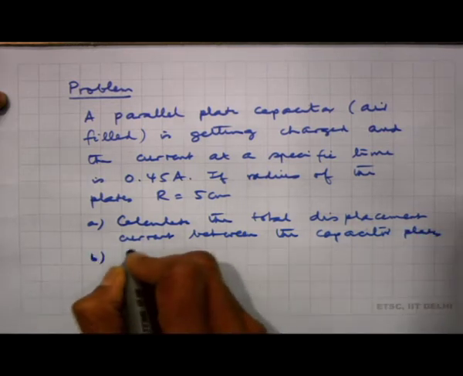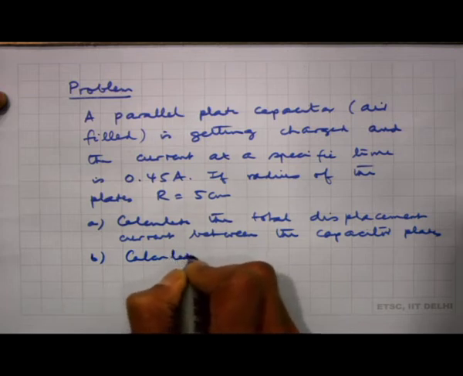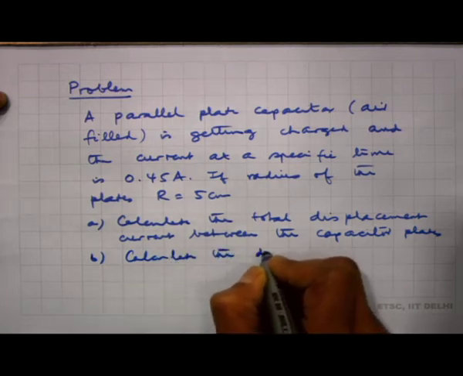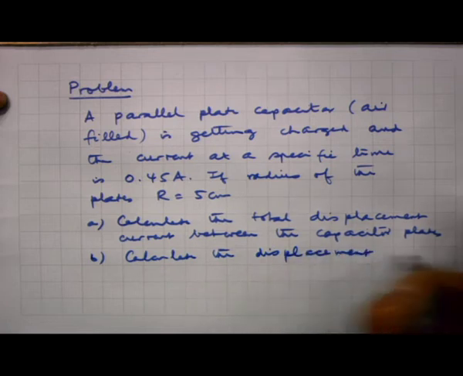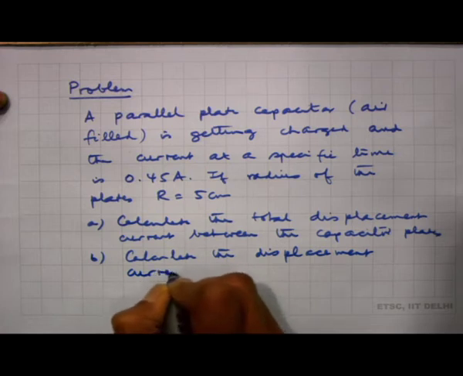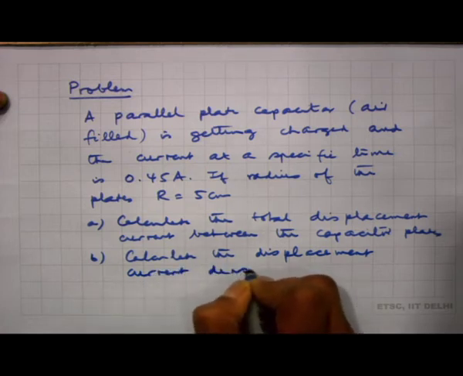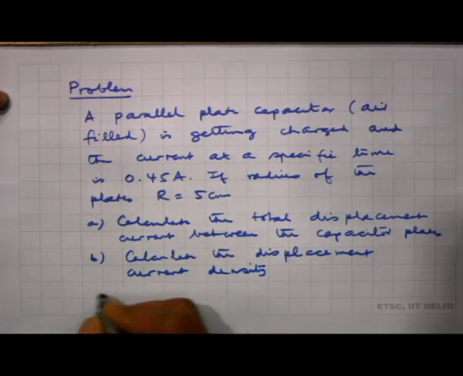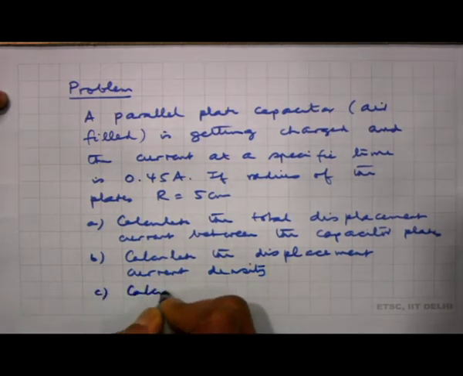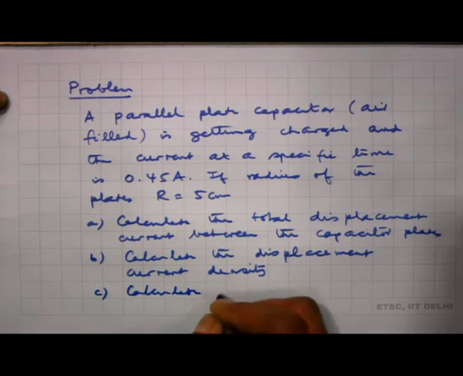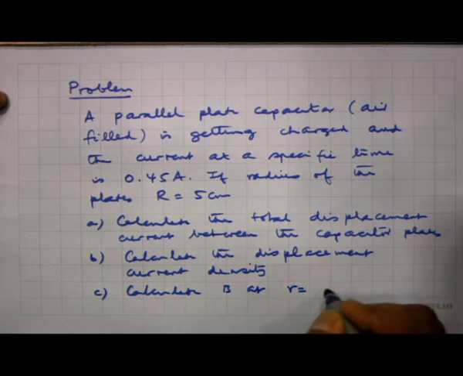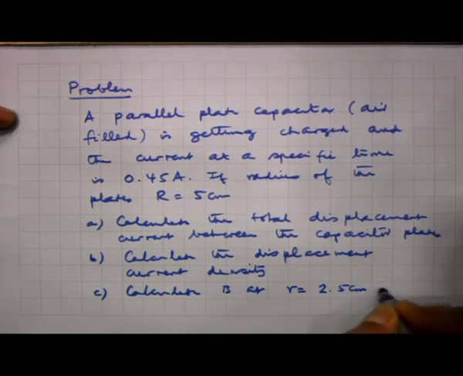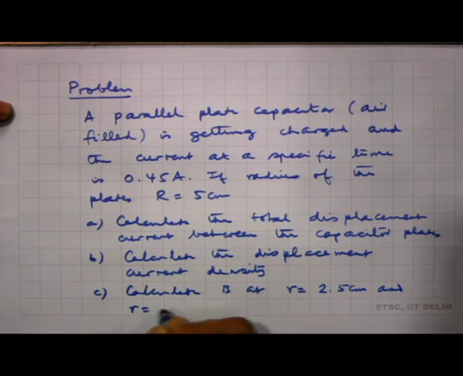B, calculate the displacement current density. And C, calculate the magnetic field B at r equal to 2.5 centimeters and r equal to 10 centimeters.